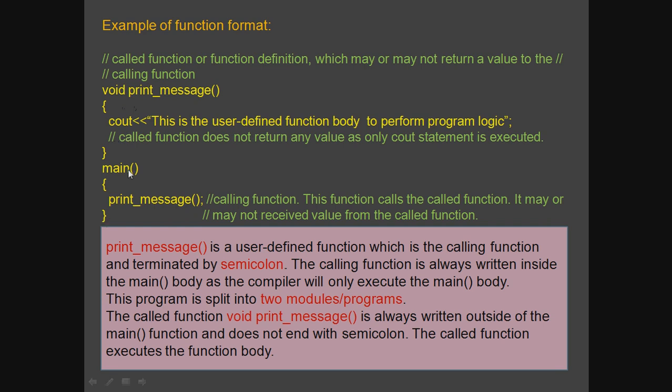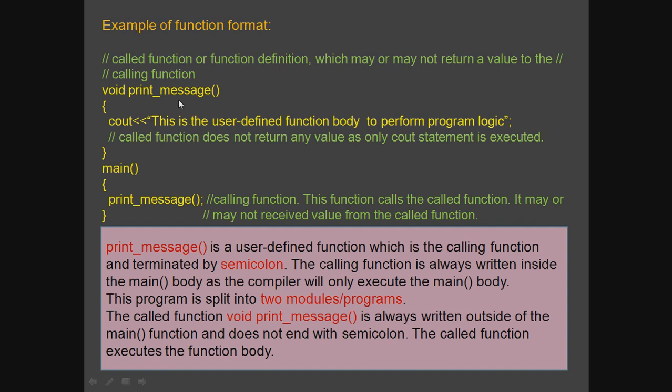When the main function wants to do division, it will call the division part of the program. When it wants to do subtraction, it will call the subtraction part. And if after subtraction the main function wants to add the result with the addition, it will call both the programs.